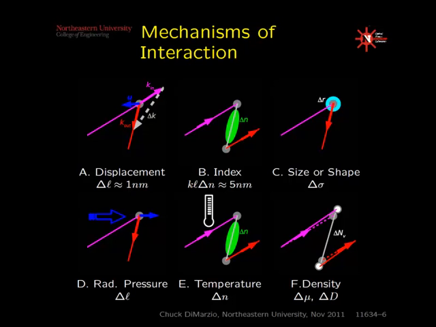Less commonly thought of is radiation pressure. In optics, it's fairly hard to generate radiation pressure. You can levitate a micron-sized bead in a fairly powerful laser beam, but it's not the easiest thing to do. With ultrasound, it can happen much more easily.